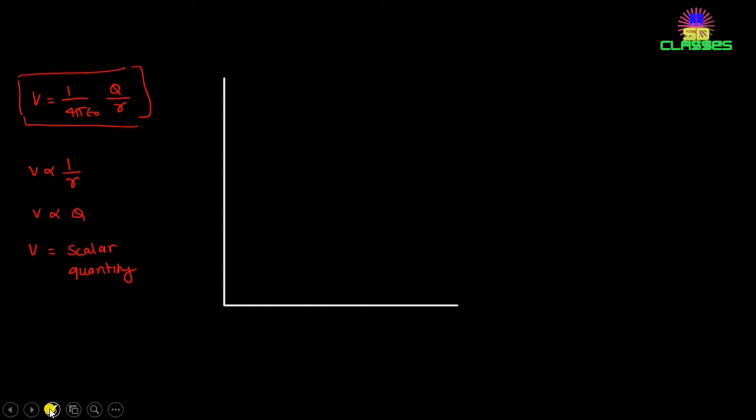Now we are going to draw a graph between V and E, that is your potential and your electric field. We know that V is inversely proportional to r, whereas E is inversely proportional to r square.